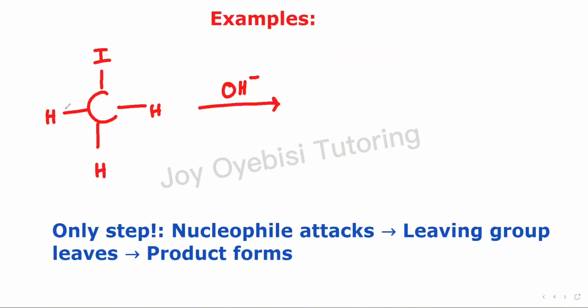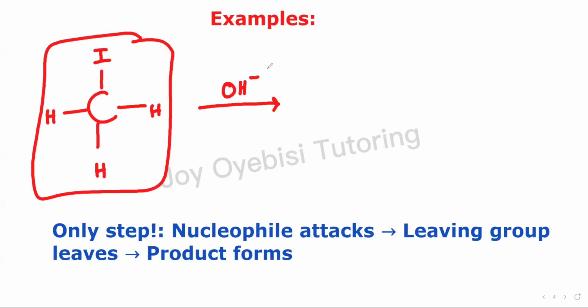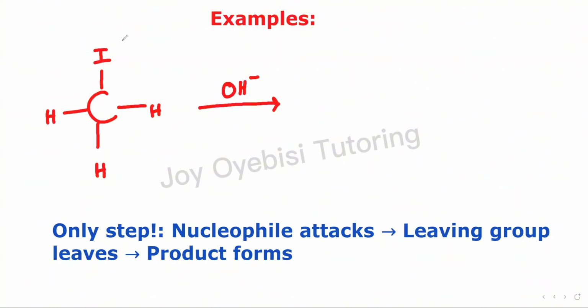Let's look at this example. Before we start, this is known as the substrate, while this here is the nucleophile. Now, in the substrate, you have the leaving group, which is this I. That will be our leaving group. Now, SN2 reaction happens in one step, only one step. So a nucleophile, in this case, this is our nucleophile.